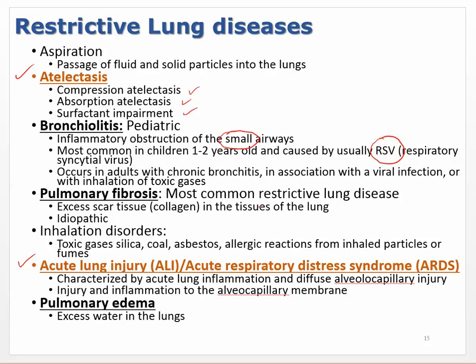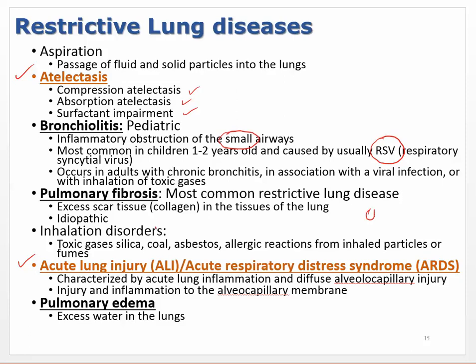Pulmonary fibrosis, that is the most common restrictive lung disease, and what happens with that is you have excess scar tissue or collagen that builds up in the tissues of the lung, and then that's going to reduce the ability for it to expand. Okay, so that's going to reduce the compliance, which makes sense because we're restricting inhalation.